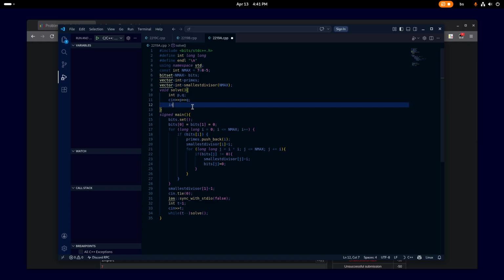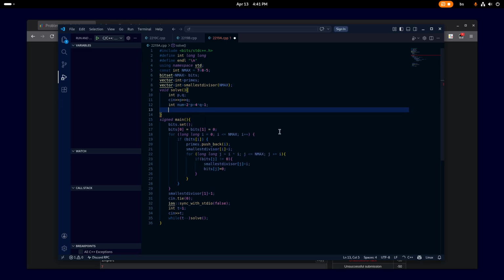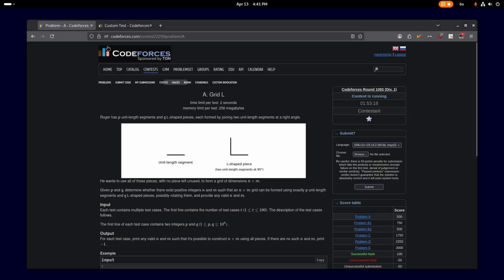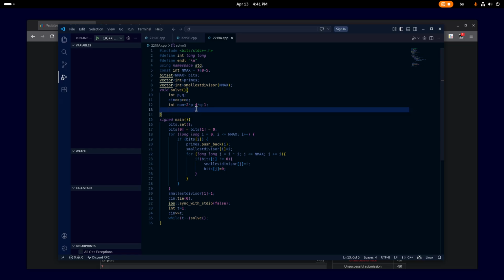And then of course we want to factor this, and probably have m and n be as close as possible.